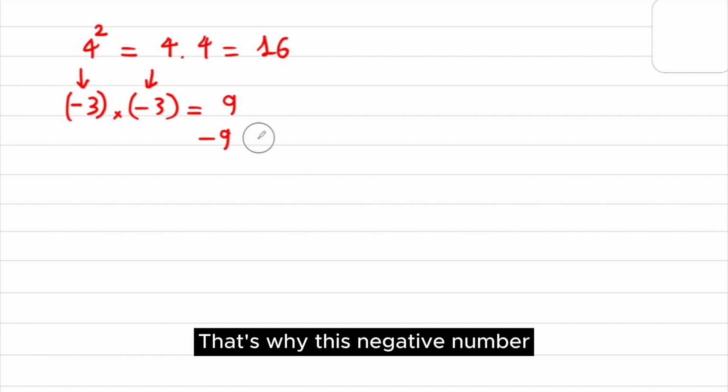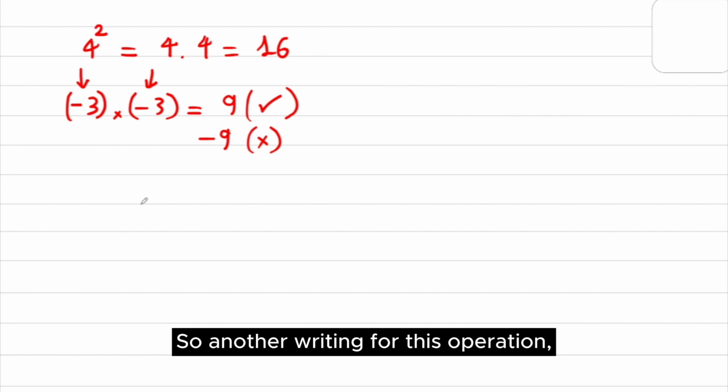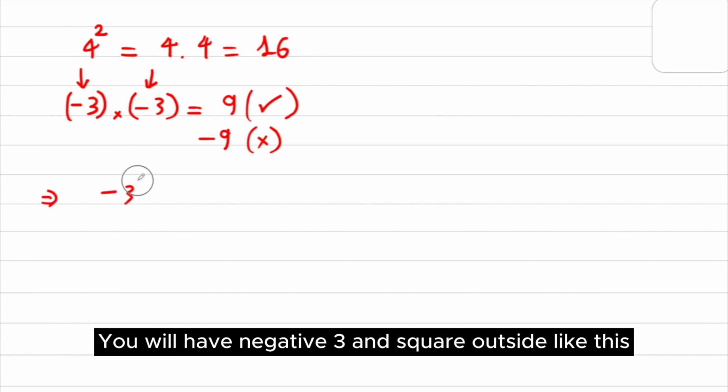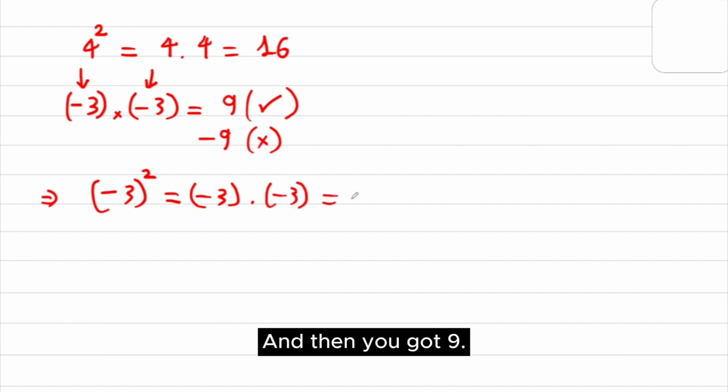So the negative number is not the right answer, but 9 is the right answer. Another way to write this operation is negative 3 with the square outside the brackets. This means you take minus 3 multiplied by itself, and you get 9.